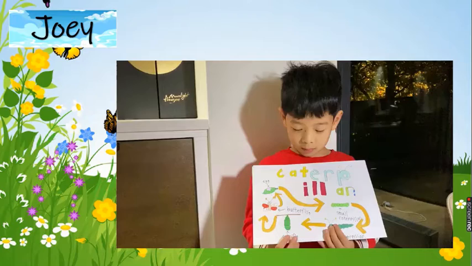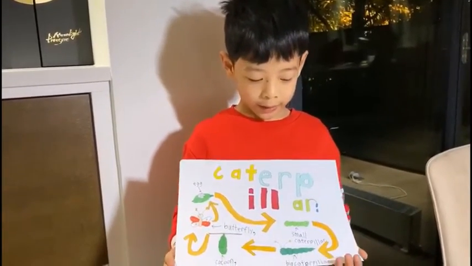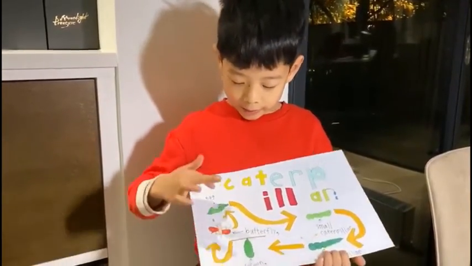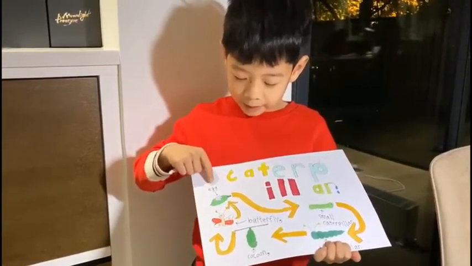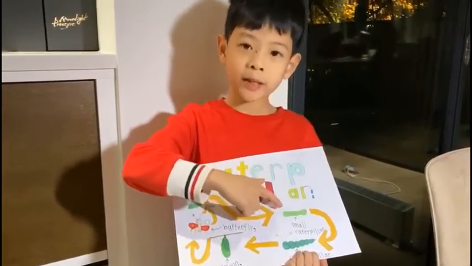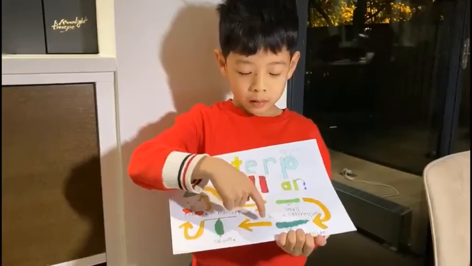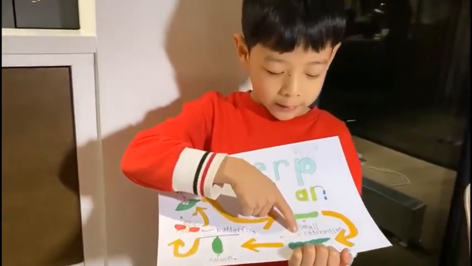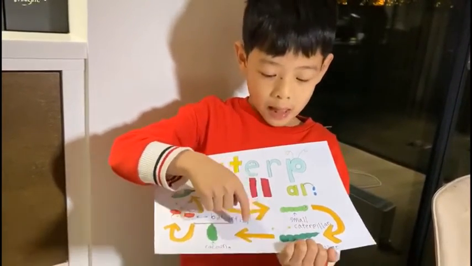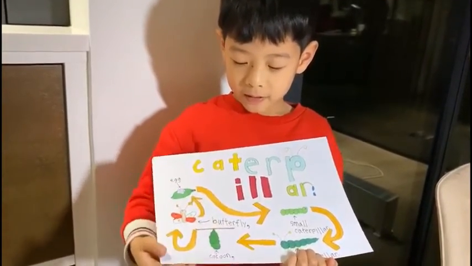Enjoy, guys. This is caterpillar drawing, and this is I draw a life cycle. It's life cycle, and here number 1, egg. An egg becomes a small caterpillar, and small caterpillar is getting a big caterpillar. Look, the caterpillar is bigger, and he has a cocoon.